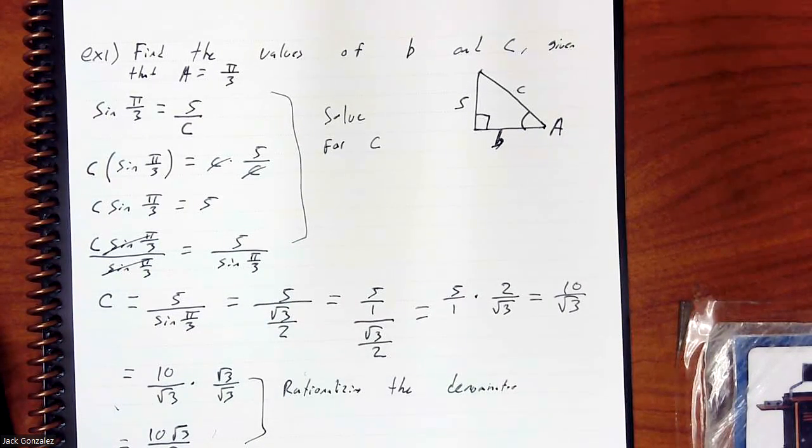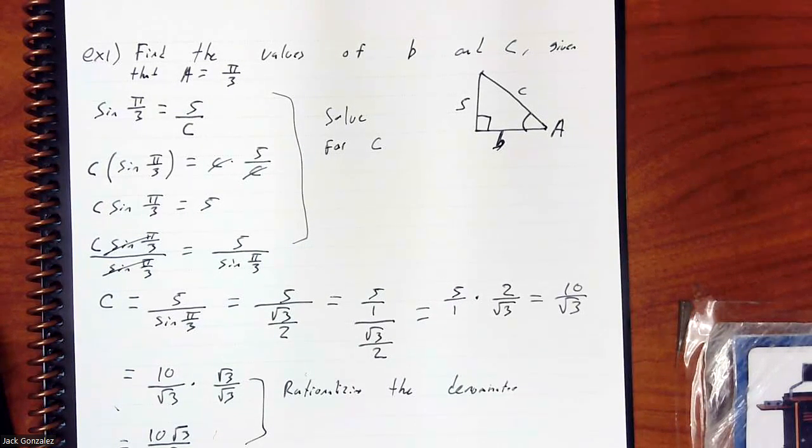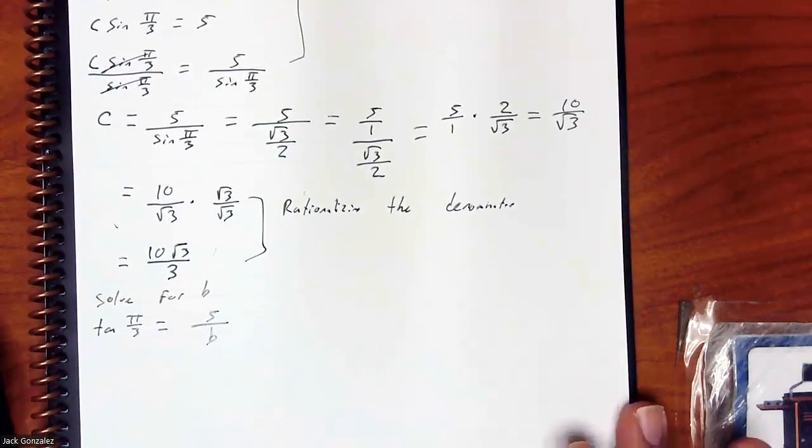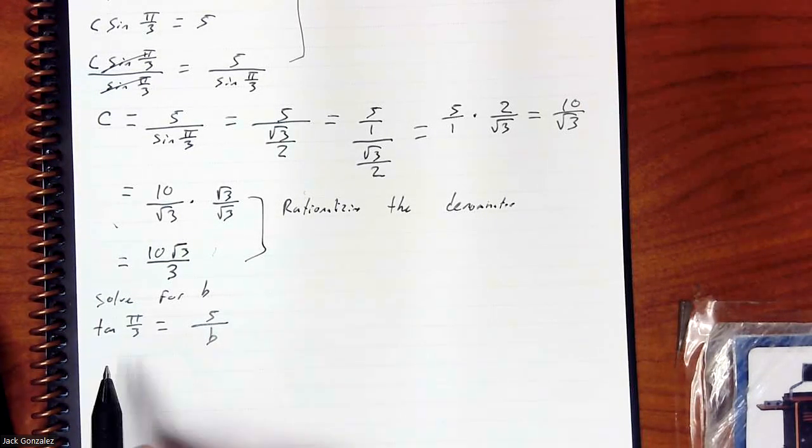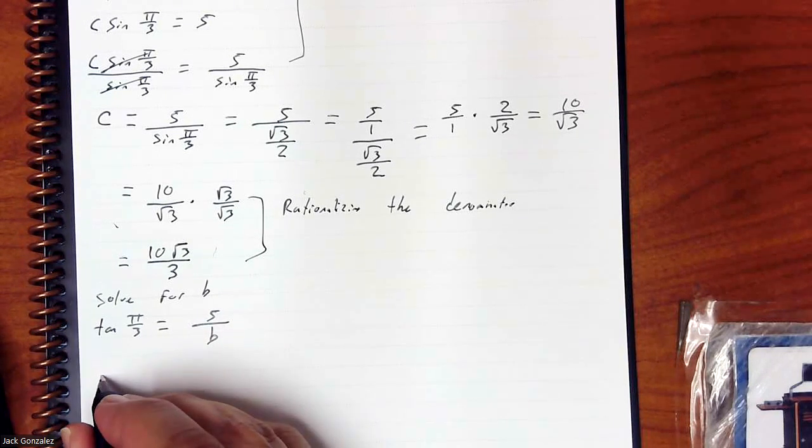So tangent of A, which is pi thirds, is equal to opposite over adjacent. So opposite is 5, adjacent is B. So the work will be exactly the same. The only difference is tangent of pi thirds is some different number. Right? So multiply both sides by B, you'll get to here.